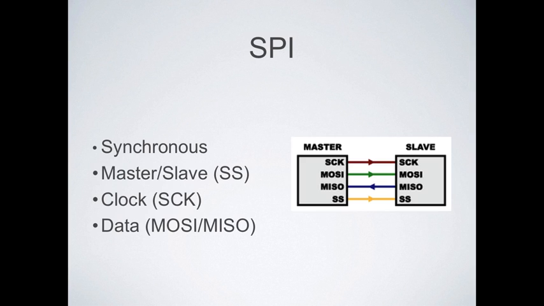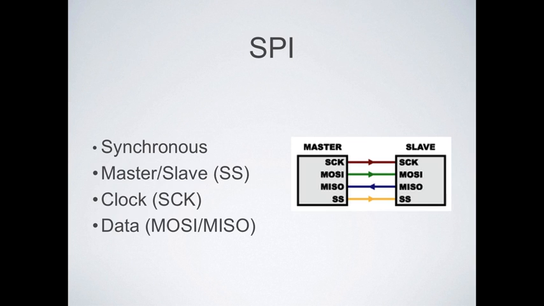In SPI, you have a clock such that everybody's clocking at the same rate, just like I2C. And then you have data. There are 2 data lines in SPI, MOSI and MISO. MOSI is master out, slave in. That's where data goes from the master to the slave.